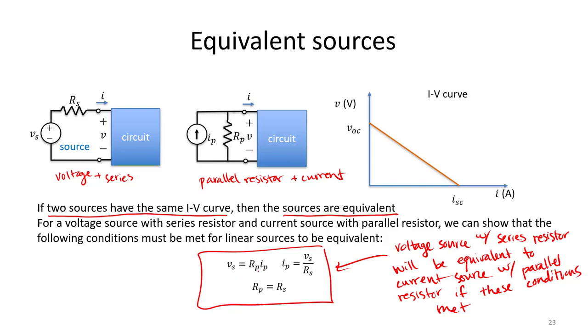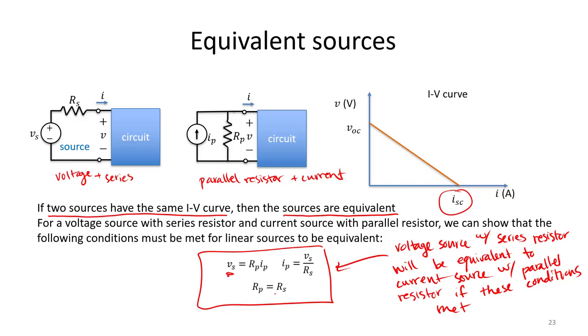So you can see that the voltage source of the series resistor must be equal to the parallel resistor times the parallel current source's current. That would make ISC equal for both the voltage source and series resistor and the parallel resistor with the current source.